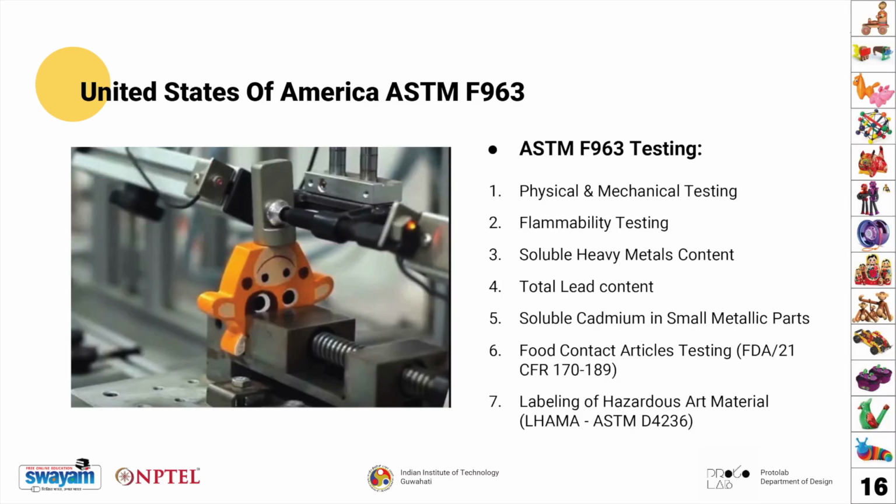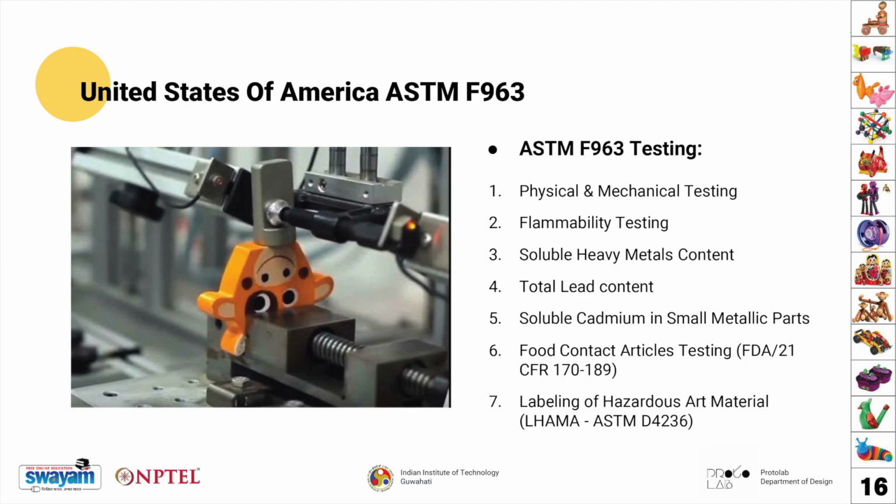In addition, ASTM F963 testing focuses on the overall safety and performance of toys. This includes physical and chemical testing. First, mechanical and physical testing. This test evaluates the structural safety of toys to ensure they do not create hazards during normal use or foreseeable misuse.